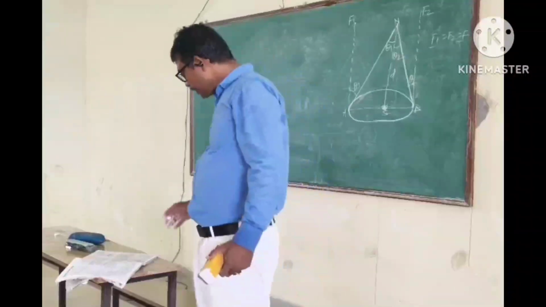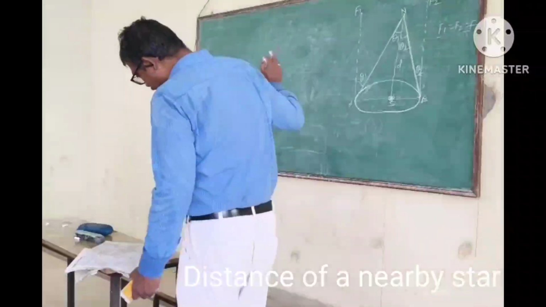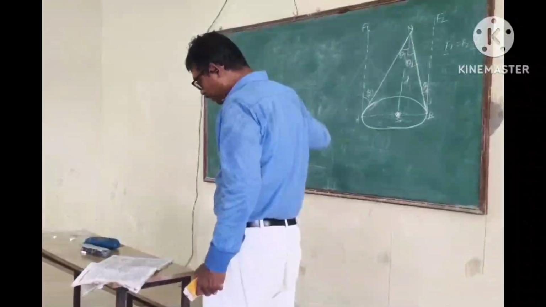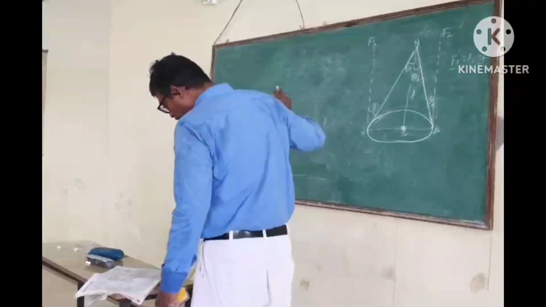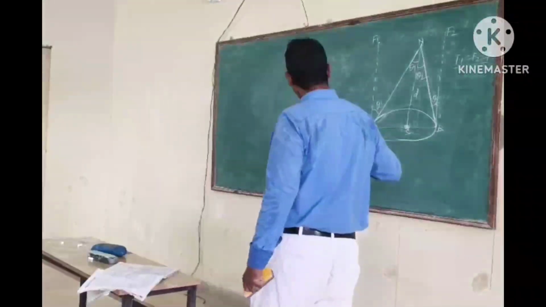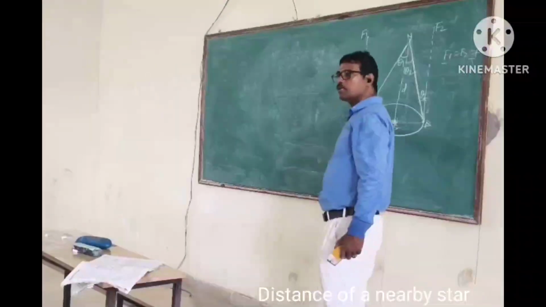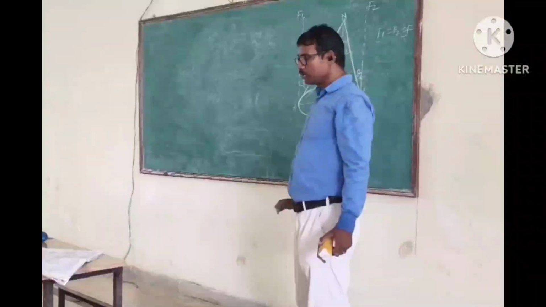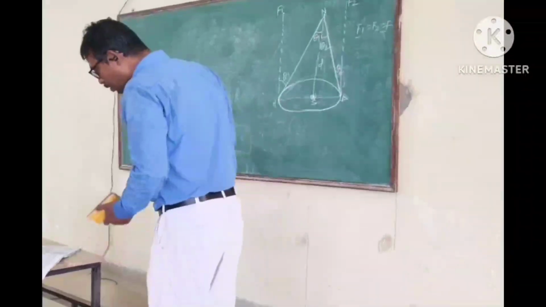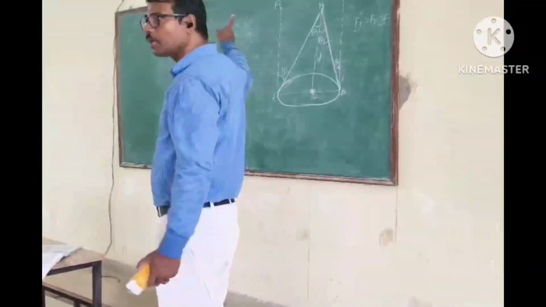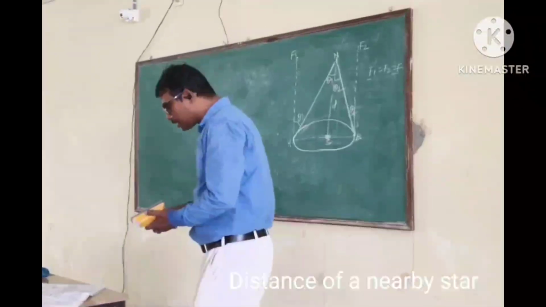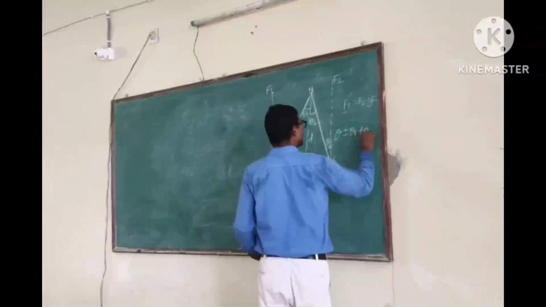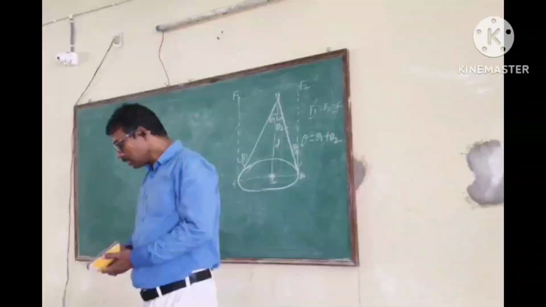So similarly here, when the Earth is at position A, see the figure, the parallax angle between the distant star F and the nearby star is theta 1, which I have already told. Similarly, for F2 it is theta 2. So what is the total angle now? The total parallax angle subtended by N with respect to far off objects is theta equal to theta 1 plus theta 2.